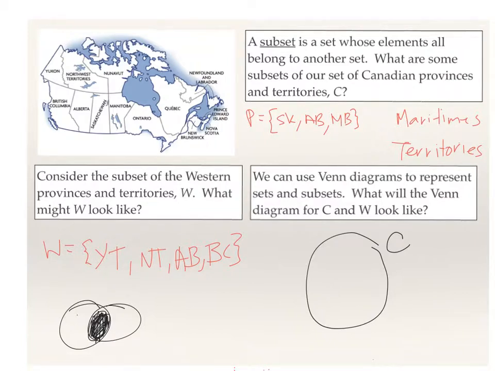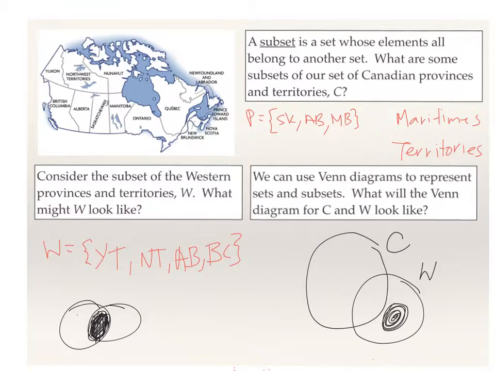If I drew W like this, that implies that there's something I could write here that is not in C. It's implying that part of W is outside of C, because in my drawing, part of W is outside of C.